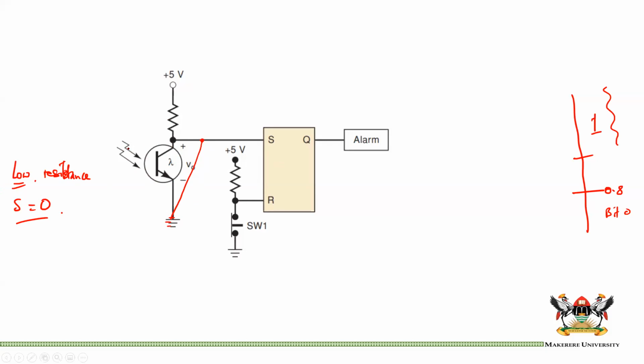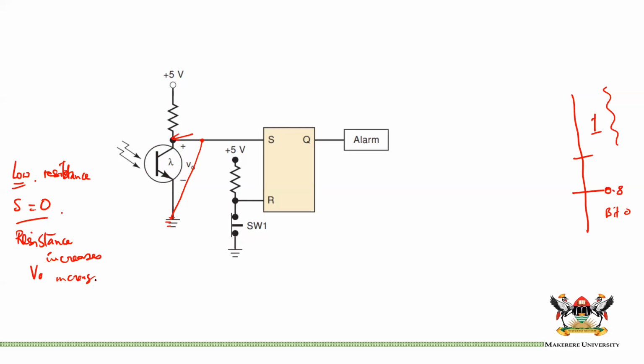Now, when you switch off the light, you interrupt the beam, resistance increases. Now, when resistance increases here, what it does is that it is increasing the voltage V0 here. So in other words, you have a resistor here, and so there is a potential difference across it, meaning that the voltage at this point, which is V0, increases.